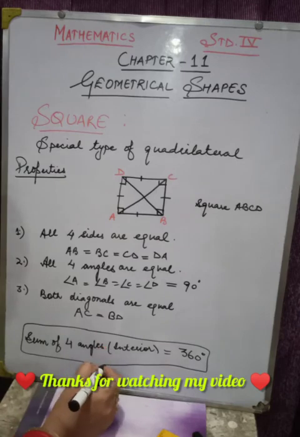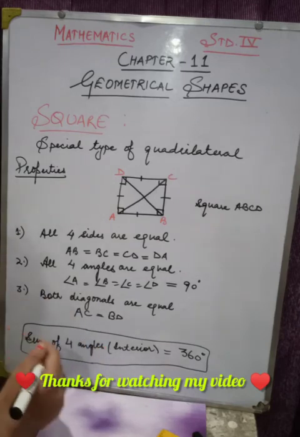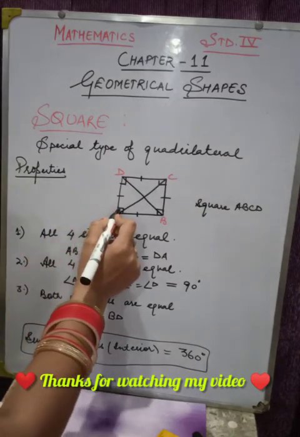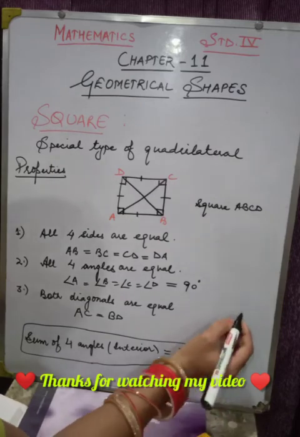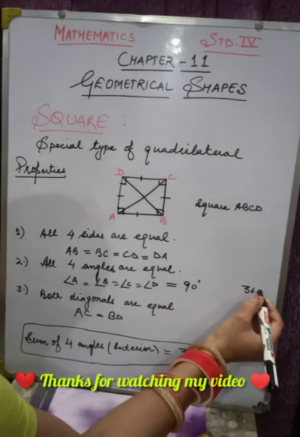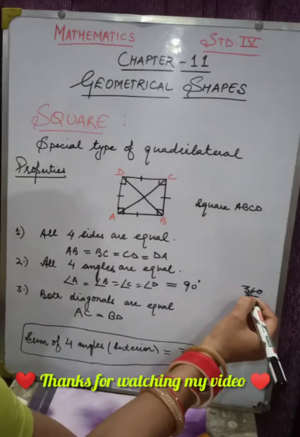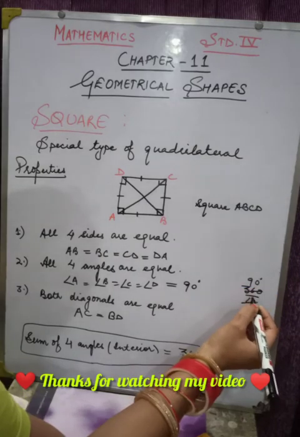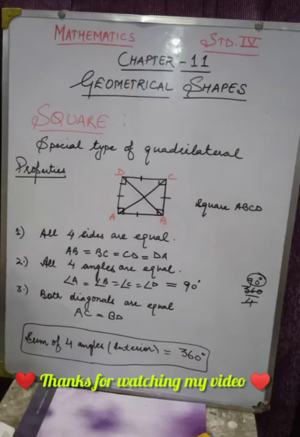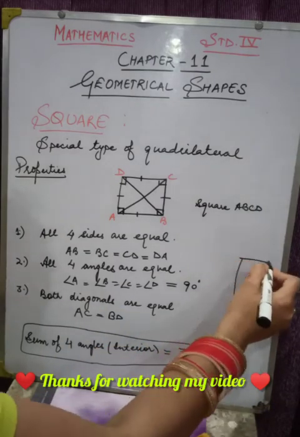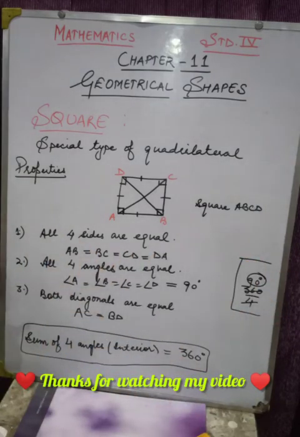Now in a square all angles are equal, so you can check the measure of one angle. 360 divided by 4: 4 nines are 36, so it comes to 90. We can cross check it. So this was all about our figure, the square.